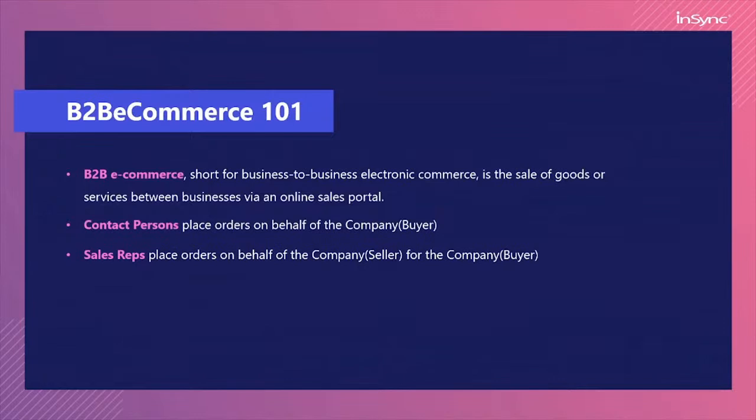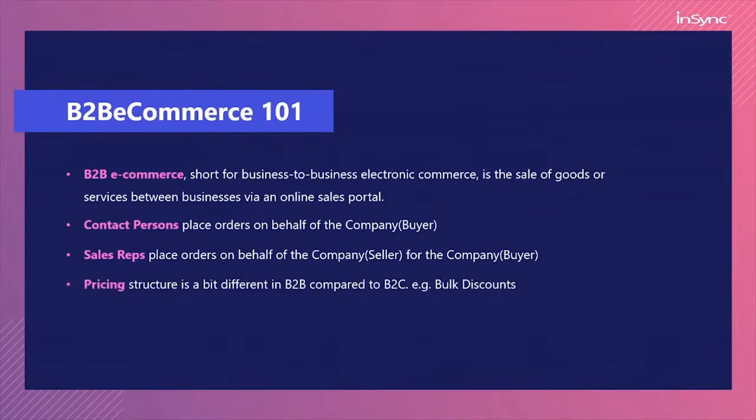Suppose a company has some issues logging in to the portal or placing an order, or doesn't have time to place the order. Then some people from the seller place the order on behalf of the buyer. Those are called sales reps. In today's mobile app, we'll be logging in with a sales rep account only.